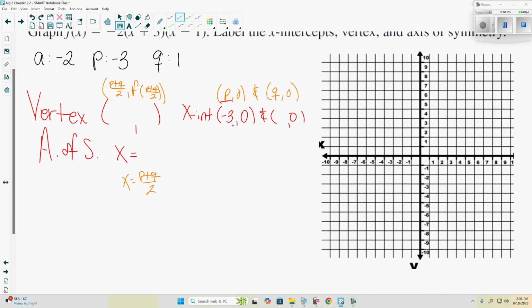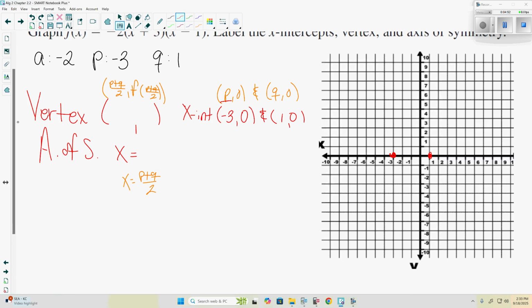What's the value of q? 1, so the other x-intercept is 1, 0. So we can go on and plot those, because those are the two x-intercepts, the spots where it crosses the x-axis on the graph.